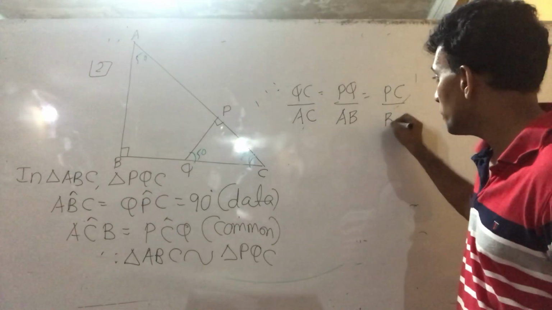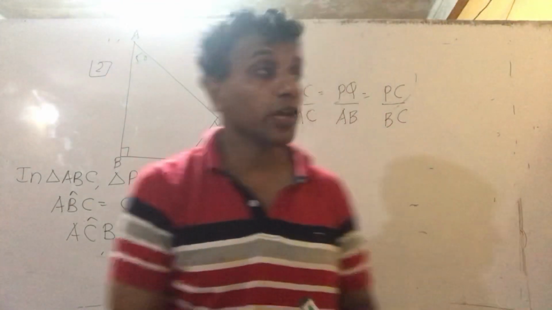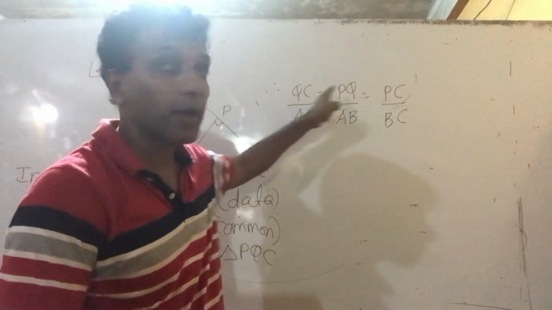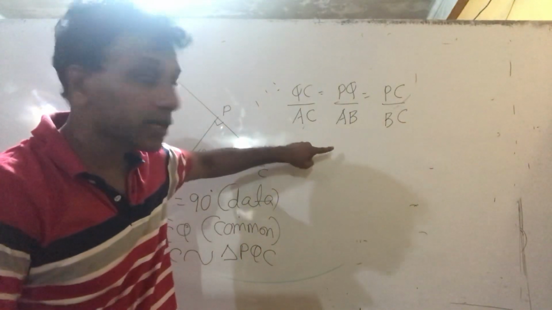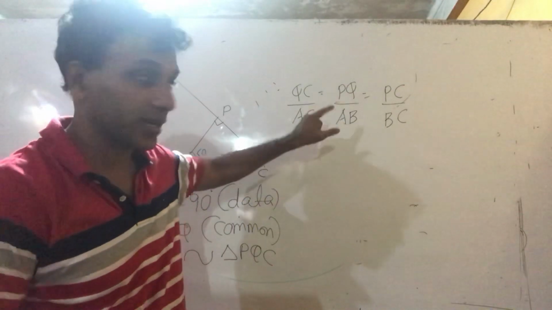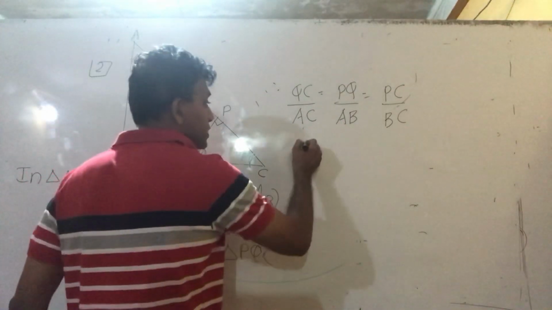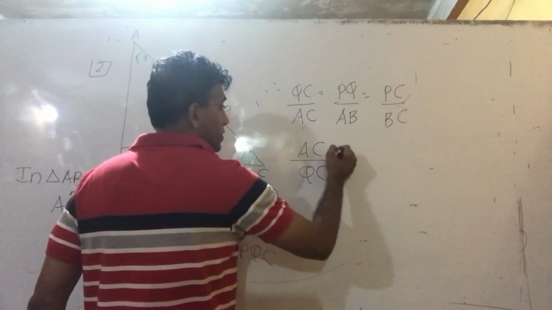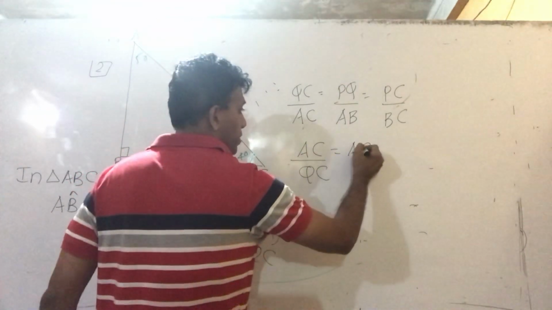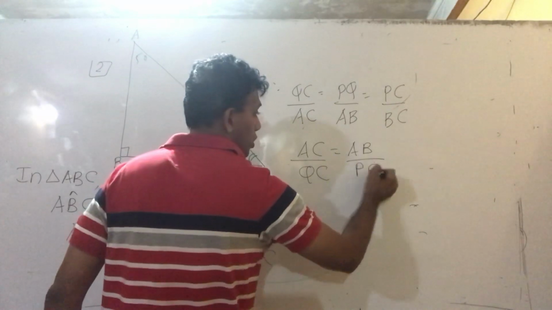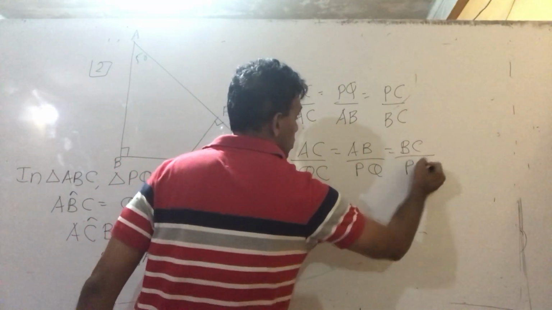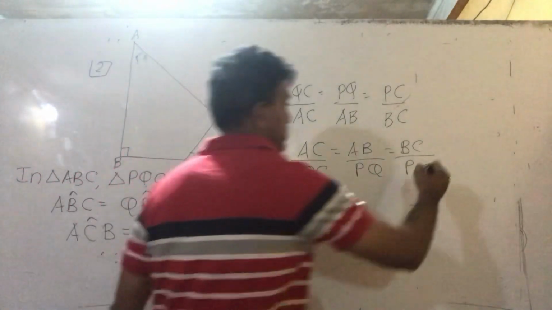The order is important. If you use the numerator from one particular triangle, continue that pattern; the denominator from the other particular triangle, continue that one. This is correct. If anybody says AC over QC, then here AB over PQ, here BC over PC, this is also correct.